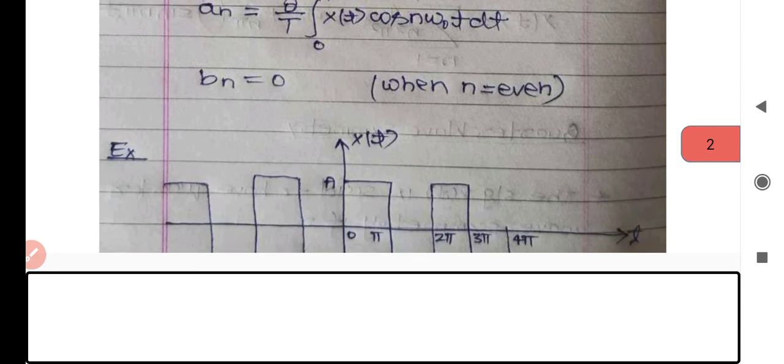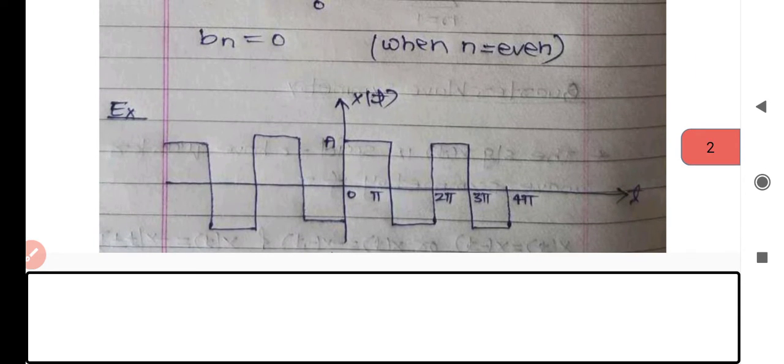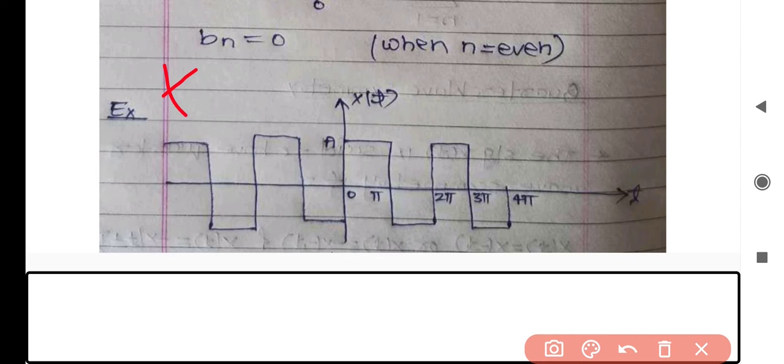Now consider an example. This is the example of quarter wave symmetry because there exists x(t) is equal to minus x(minus t).